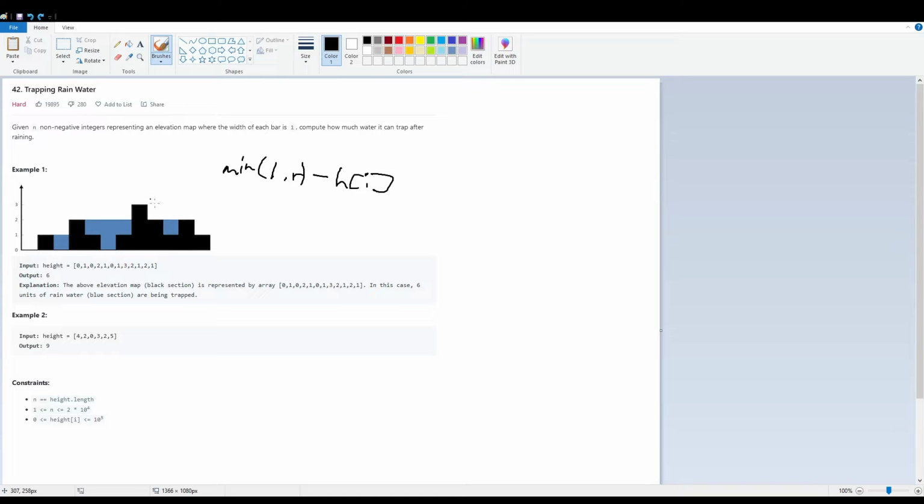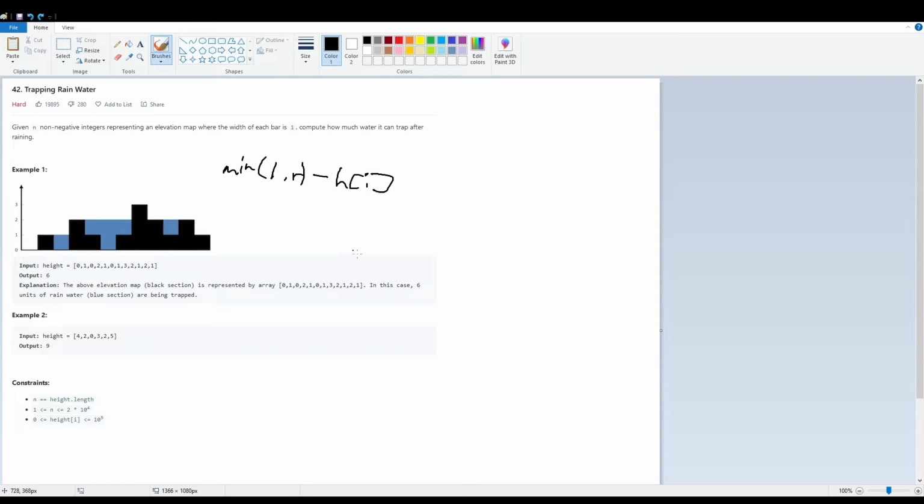But this will end up being O of n squared time, because as we're traversing through the array, looking at each elevation, we're also traversing through the array again towards the left and the right. So it's a nested loop there, so it'll be O of n squared.